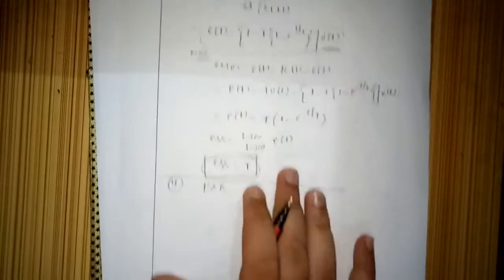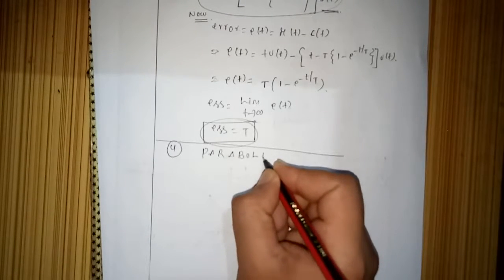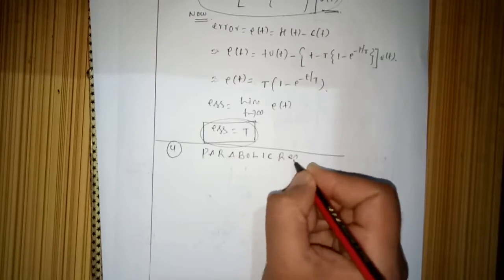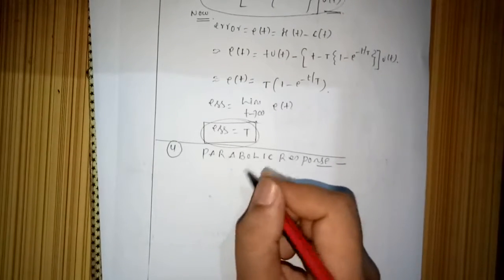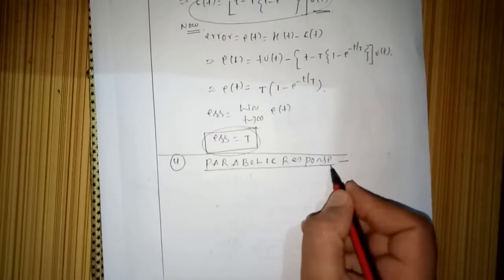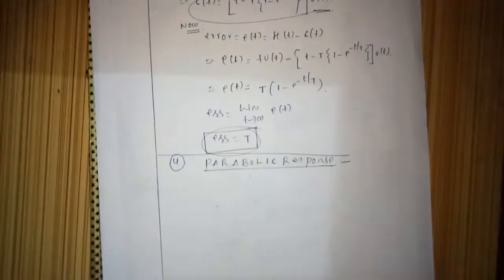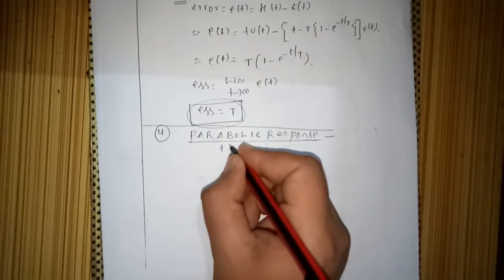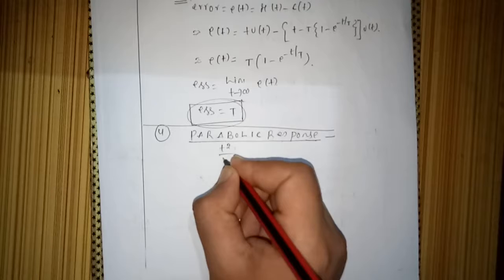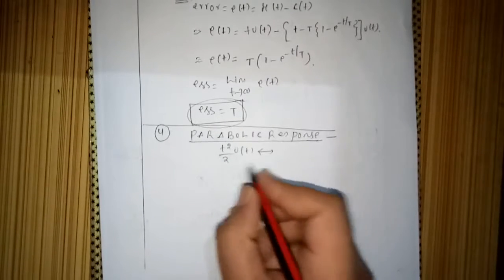Next is parabolic response. Parabolic, what I take is t square, I divide it by 2 for simplicity.